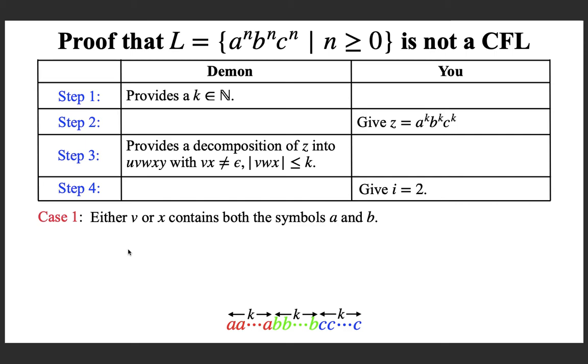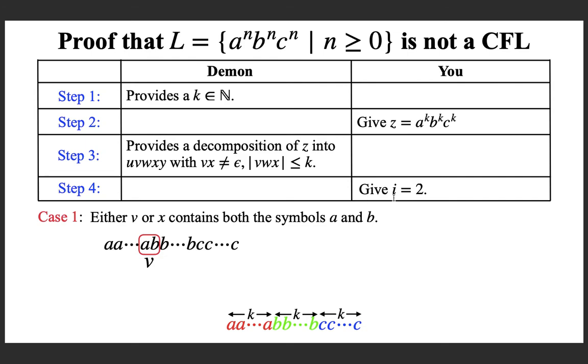Case 1: either v or x contains both the symbols A and B. Consider an example. This is the string that you have, and now suppose v contains both A and B. For instance, suppose v is AB.